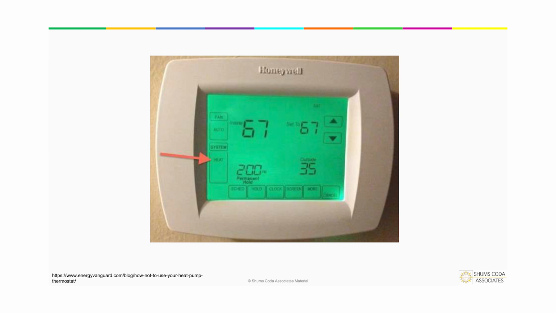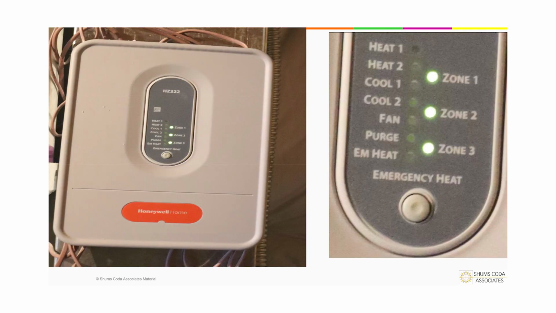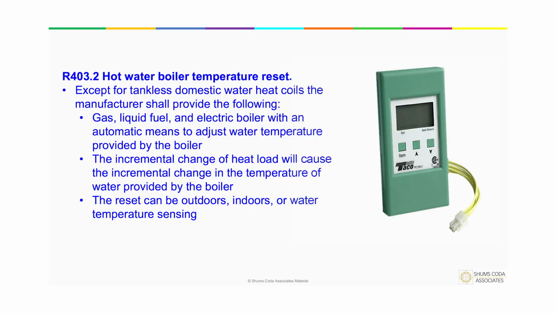Here's an example of it, and you can't see it very well, but right here, it's on heat. And then it also will show emergency heat will kick on, so that will light up. What are people using for emergency heat? I have seen where sometimes they're doing electric resistance heating.